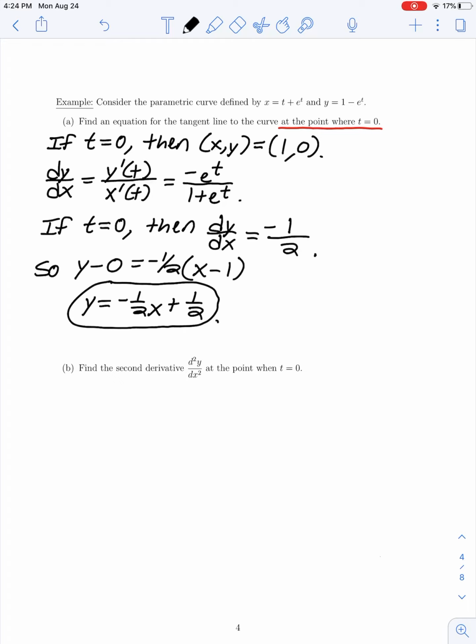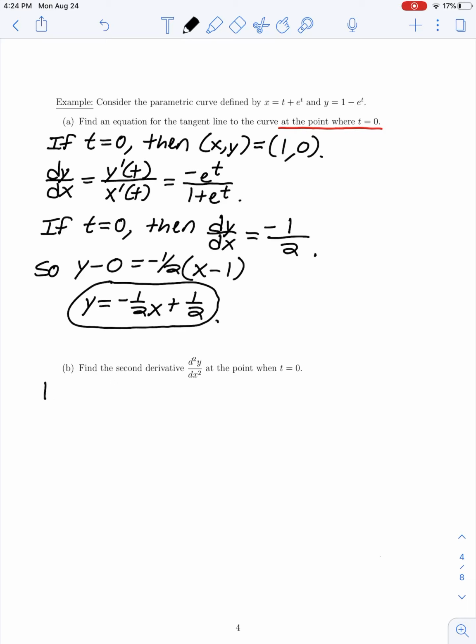Now in part B, we're asked to find the second derivative of y with respect to x, also at the point when t is equal to 0. So in order to find that second derivative, let's think about our new theorem.